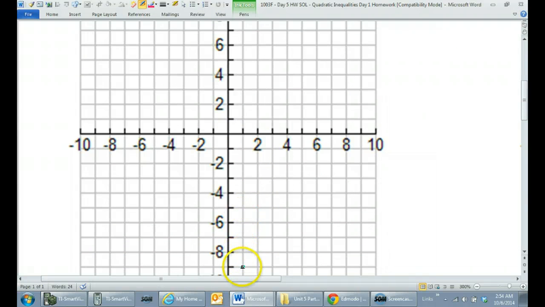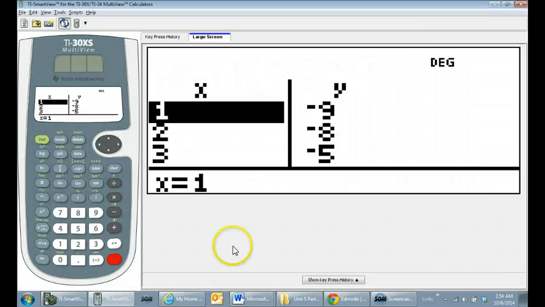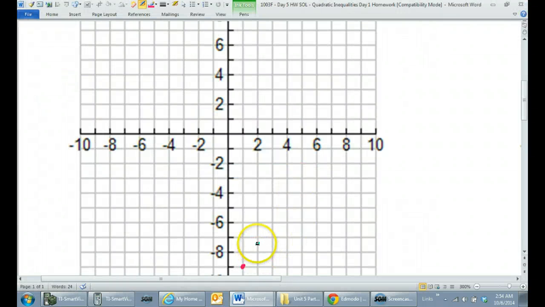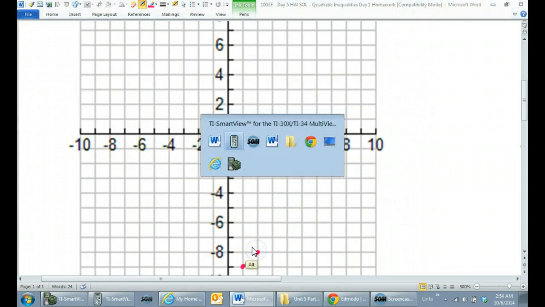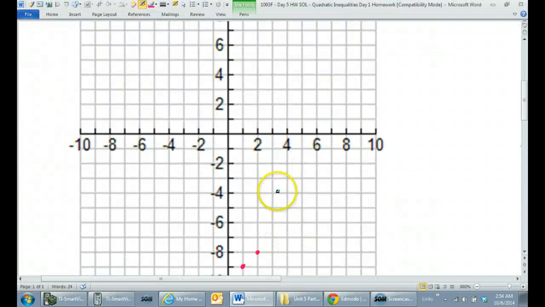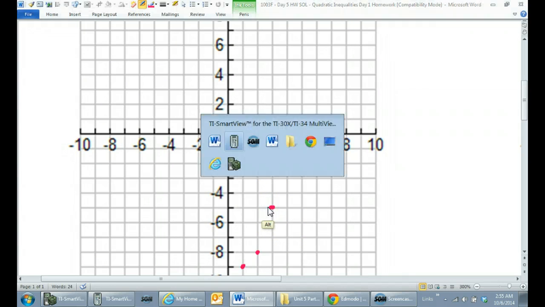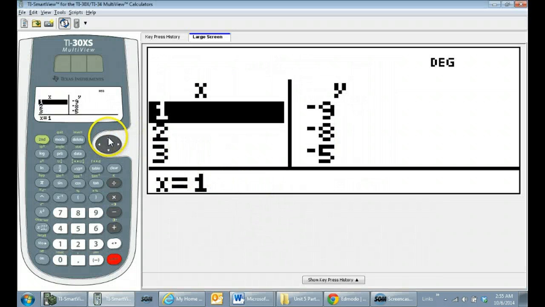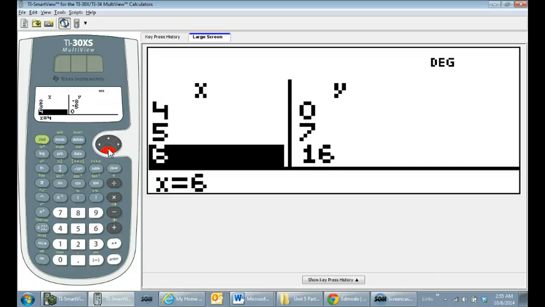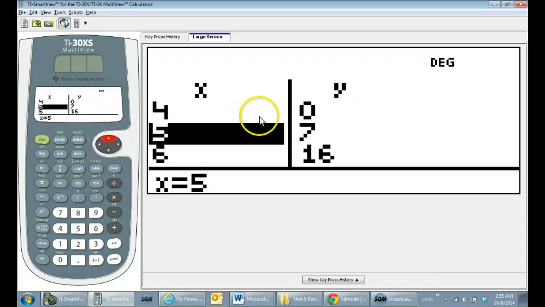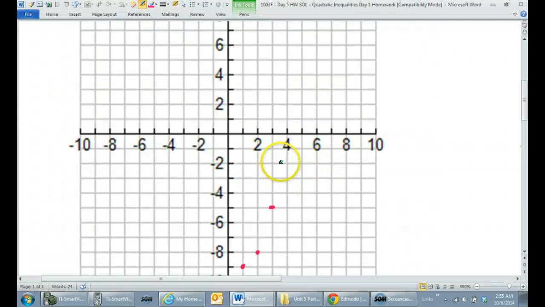So at 1 we're down at negative 9. At 2 we're at negative 8. 3 is negative 5. At 4 we're at 0, and then 7.